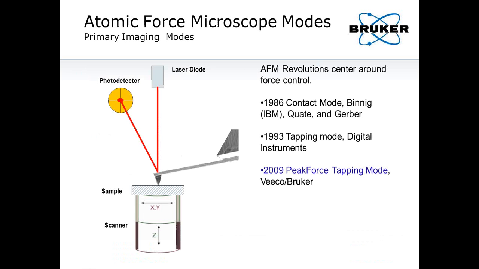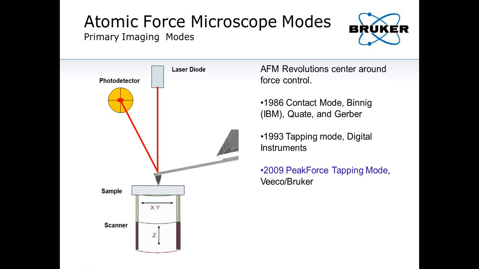The next trick is how to follow the ups and downs of the surface precisely. And this is where the scanning component comes in. Down here under the probe, there's a scanner. This is a tube scanner, and it does 3D motion.